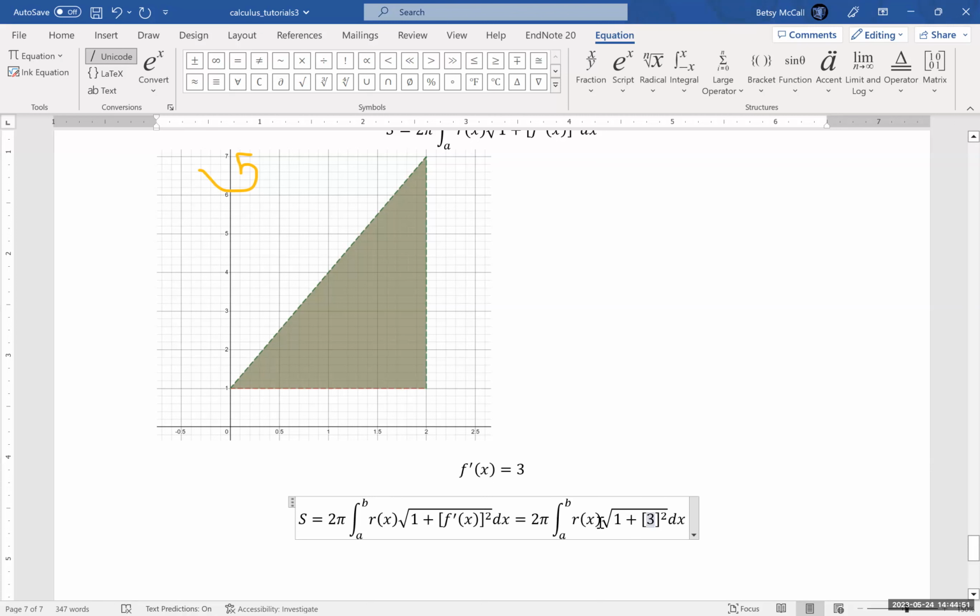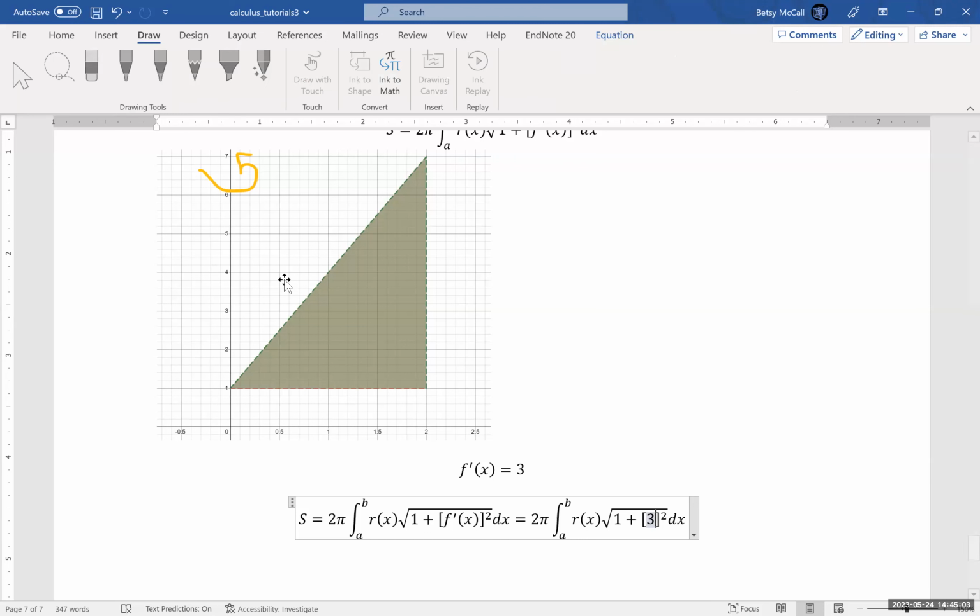But then the radius that I'm worried about is going to be the radius in this direction. That's my radius.